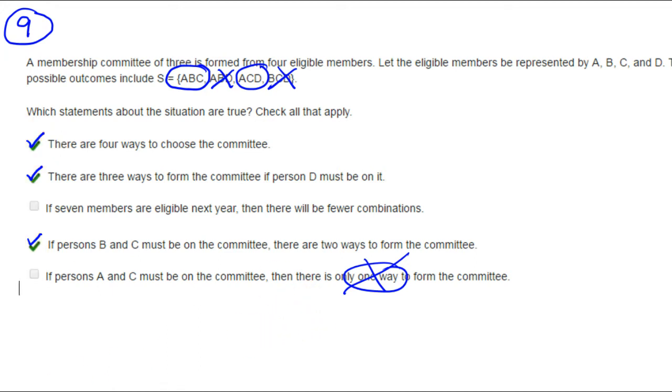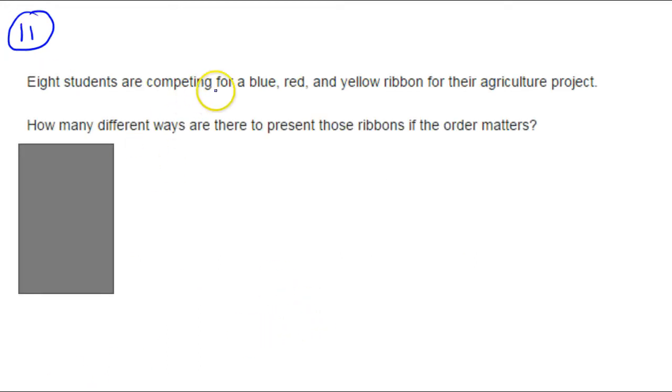And there you go. 8 students are competing for a blue, red, and yellow ribbon for their agriculture project. How many different ways are there to present those ribbons if the order matters? All right, there are 8 students, but only 3 of them, blue, red, yellow, are going to get a ribbon.